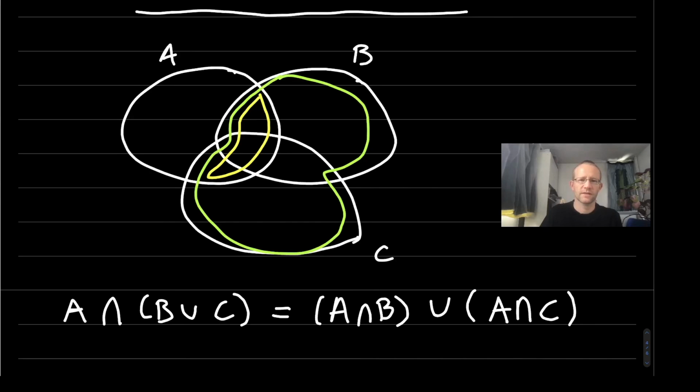Now we do the right-hand side. We have A intersection B, which is this part. Then we have A intersection C, which is this part.